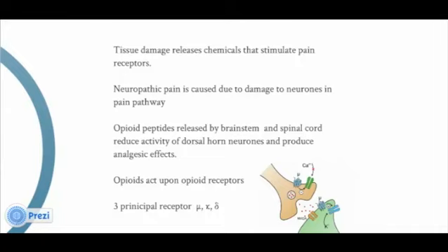Opioid peptides are endogenous chemicals produced by the brainstem in response to pain. These opioid peptides have analgesic properties and act upon the dorsal horns of neurons, which carry the sensation of pain.